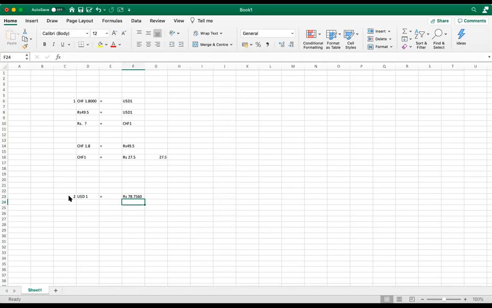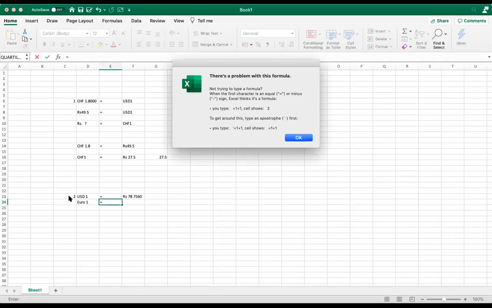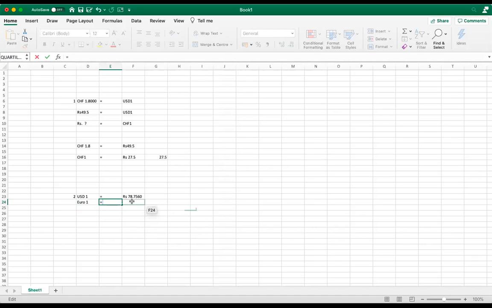7560, okay. 1 is equal to rupees 82.6950, okay.